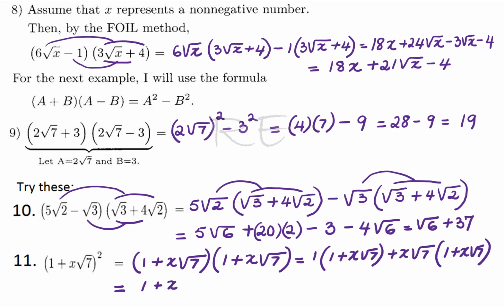When we distribute, we get 1 plus x square root of 7, plus x square root of 7 plus x squared times square root of 7 squared, 7x squared. Final answer: 1 plus 2x square root of 7 plus 7x squared.